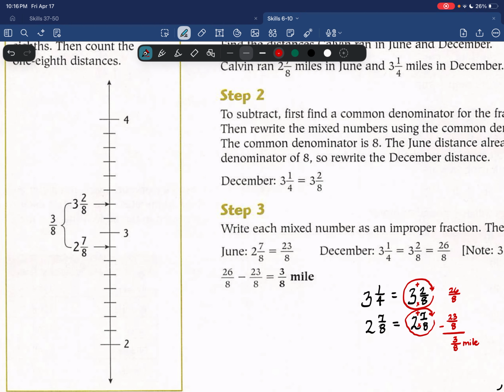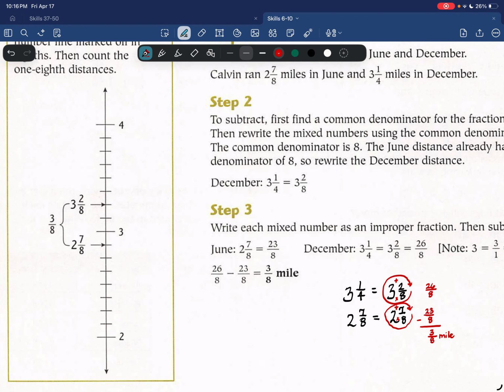So what they've done, they've drawn a number line, a kind of ruler, and they marked the December distance, and they marked the June distance using the common denominator, and then they counted those intervals.